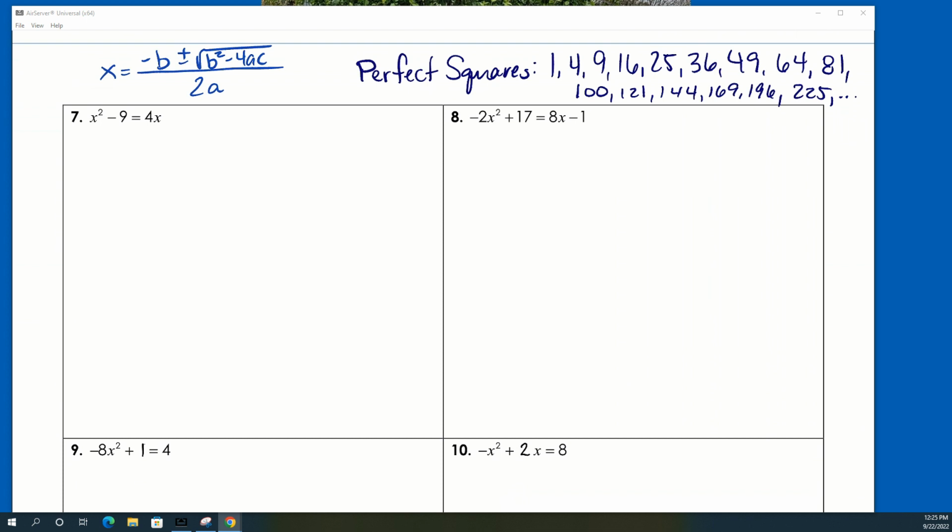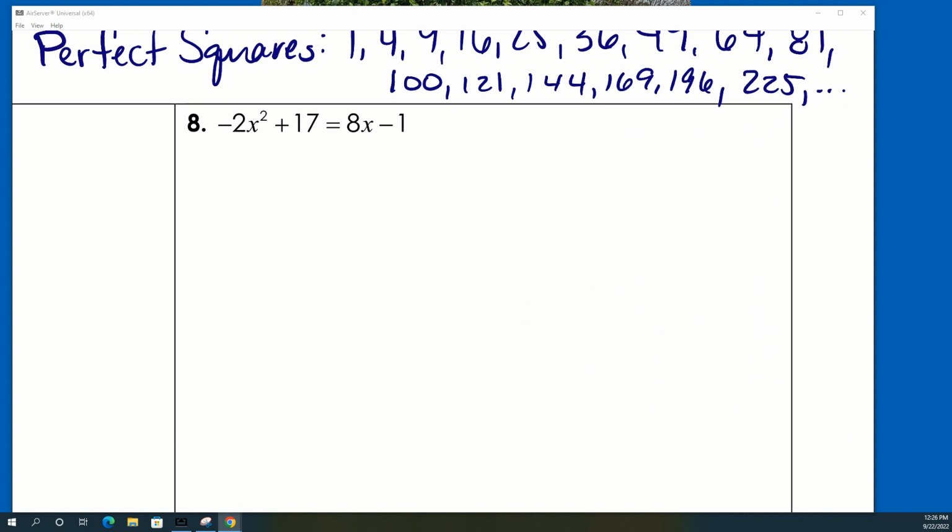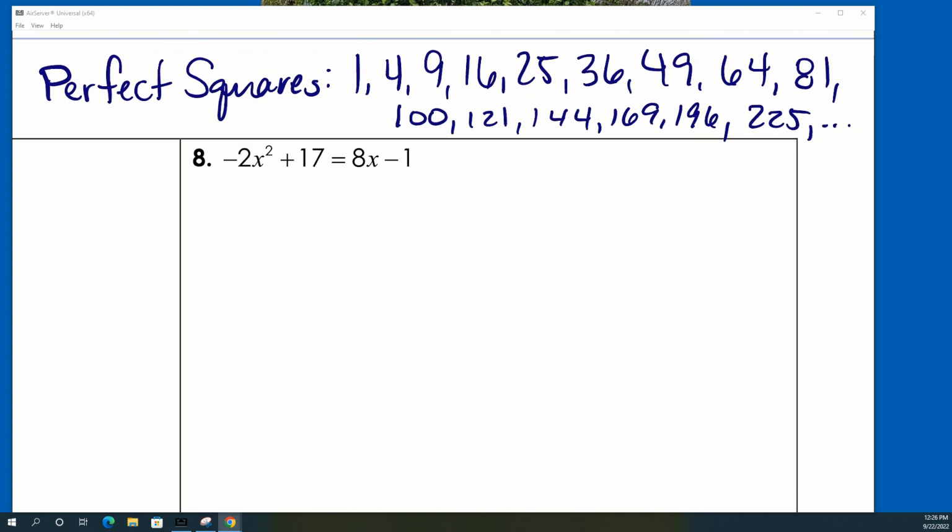All right, so just like yesterday, the first thing we need to do is get everything on one side so we can figure out what A, B, and C are. So I'm going to do number 8. So I'm going to move over the 8x and move over the 1.